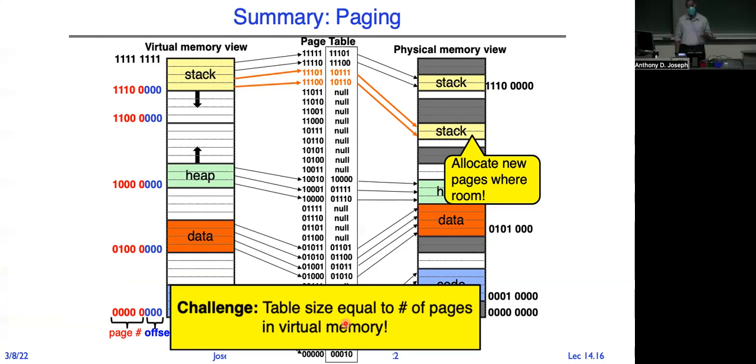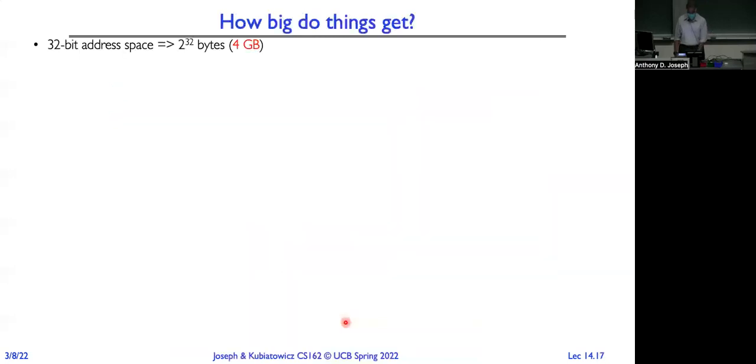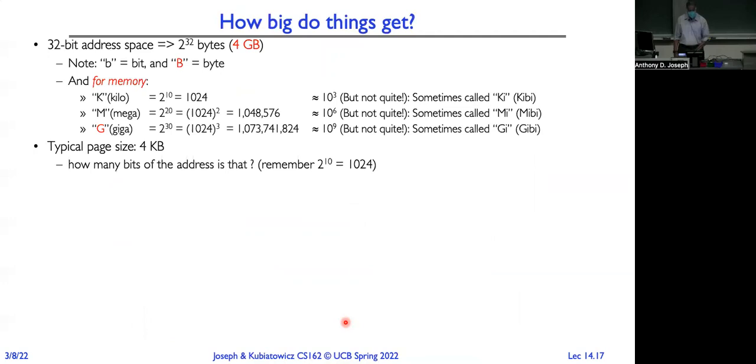So you can ask the question, just how big do things get? Well, if we had a 32-bit address space, that allows us to have 4 gigabytes, and we use a typical page size of 4 kilobytes, how many bits do we need for our offset? 12. 2 to the 12 is 4,096. And so how many bits are we going to end up with for our virtual page numbers?